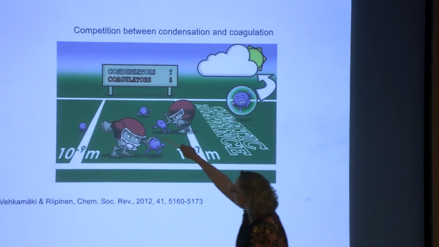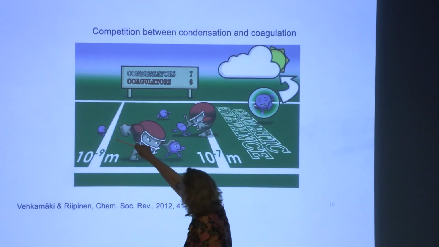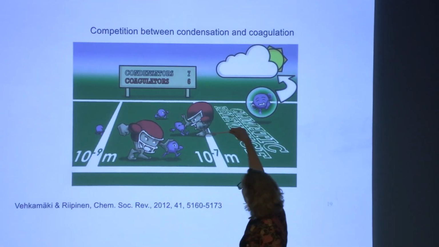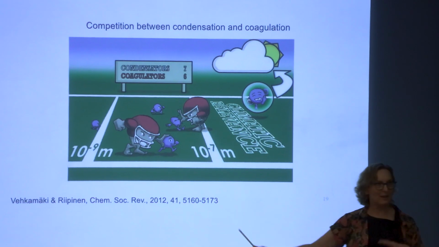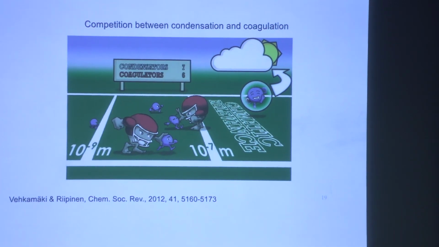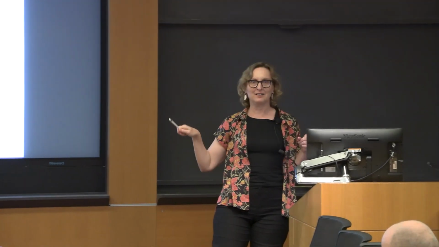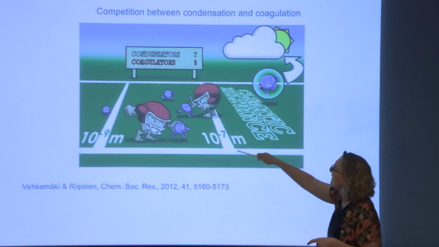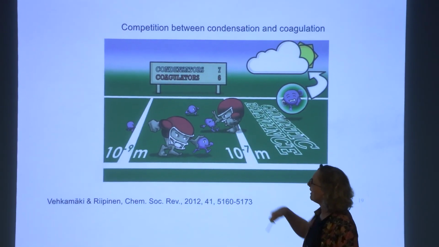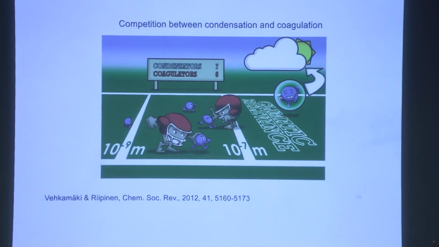But on its way, having these tons of tiny, freshly nucleated particles, they are intercepted by the coagulators, right? They scavenge them up, what you drew when you drew the size distribution right now. So they are not going to make it. They are scavenged by the bigger particles.